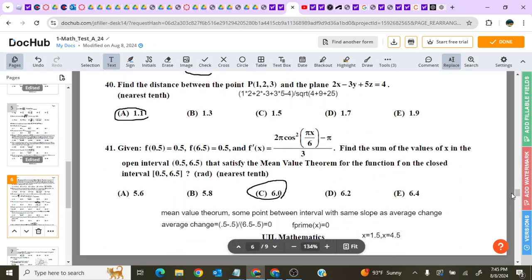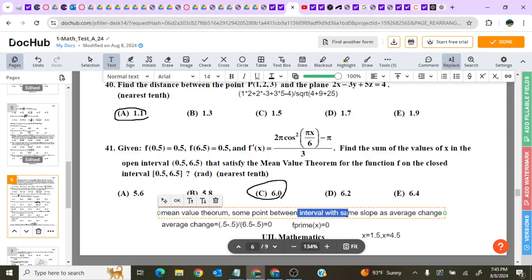41, given f of 0.5 is equal to 0.5, f of 6.5 is equal to 0.5, and f prime. What is the sum of the x values that satisfy the mean value theorem? Okay. The mean value theorem, for those who aren't in calculus, states that there's some point in the interval with the same instantaneous slope at that point as the average change of the function.